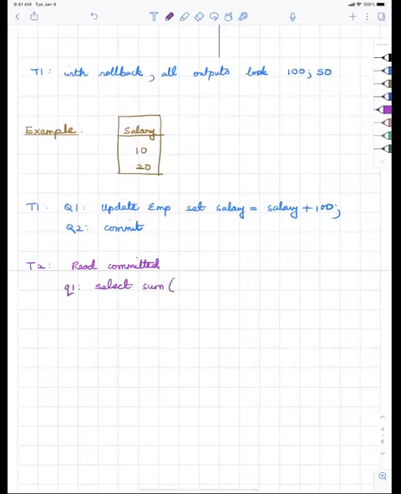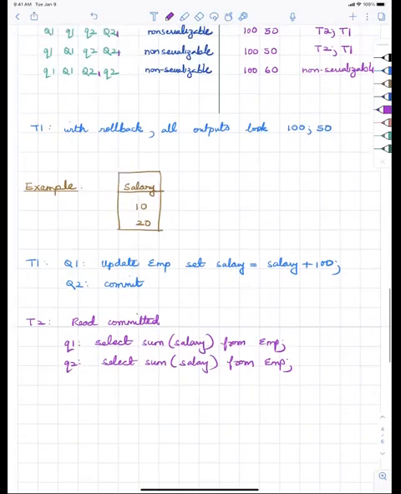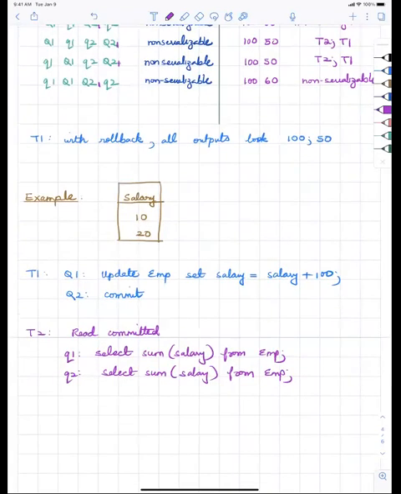select sum salary from M, and small q2 is the same thing. So if you look at this table, initially the sum is going to be 30.